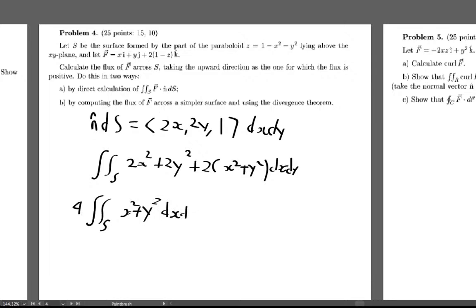And in here, the surface is actually going to be the circle, because it is lying above the xy plane, that means that z is 0. So if it's lying above the xy plane, that means z equals 0. That is basically the limit.